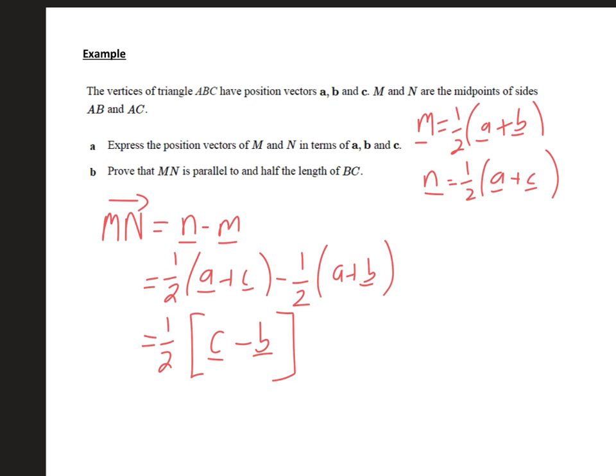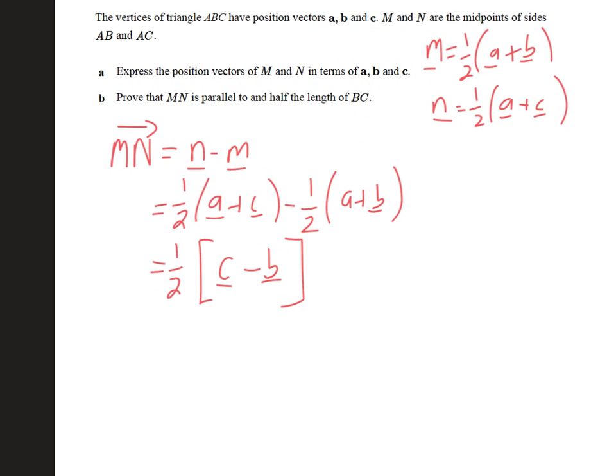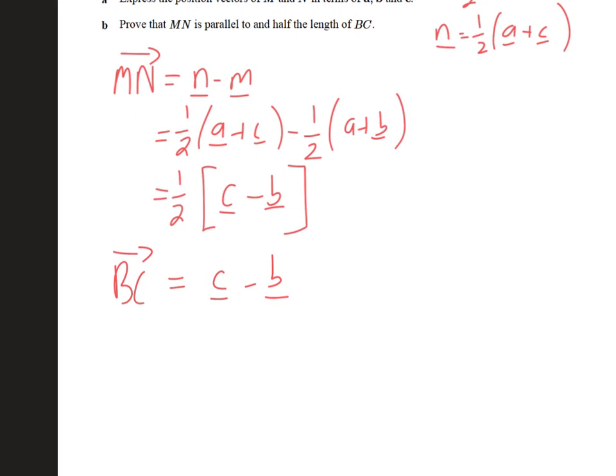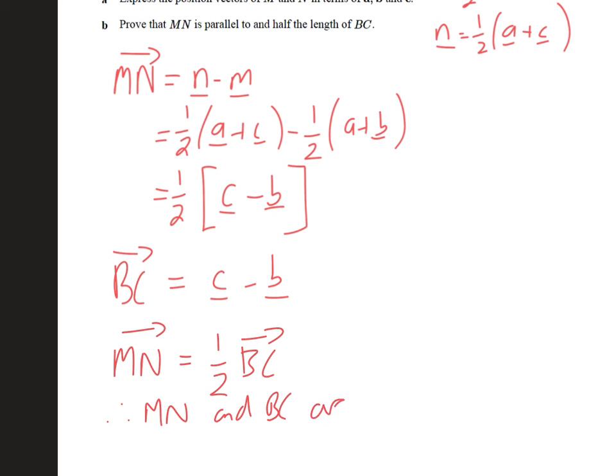And then let's do BC. That's just c minus b. Therefore, I have MN is equal to half of (c minus b), so it's half BC. So therefore, MN and BC are parallel.